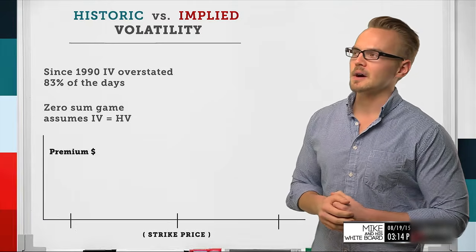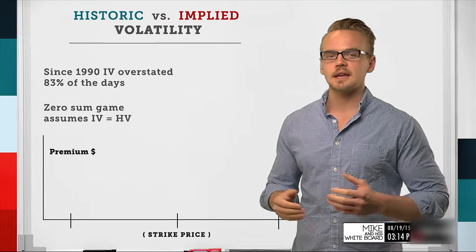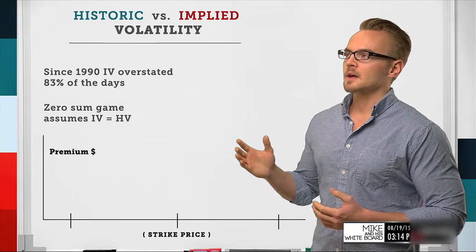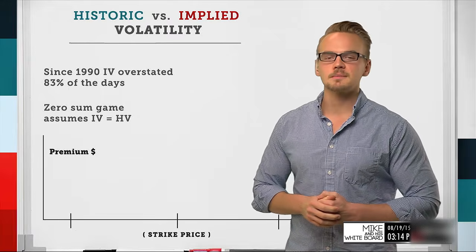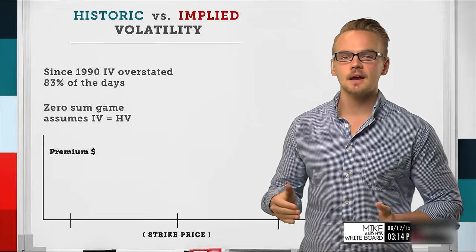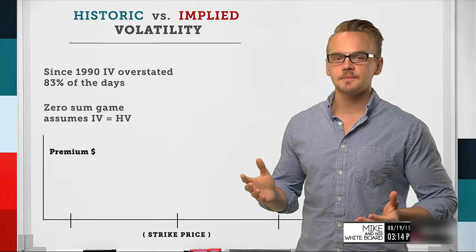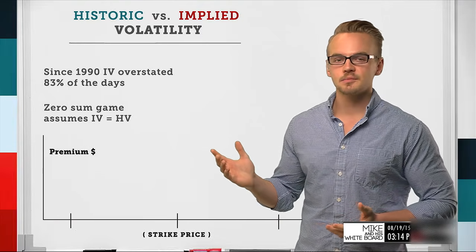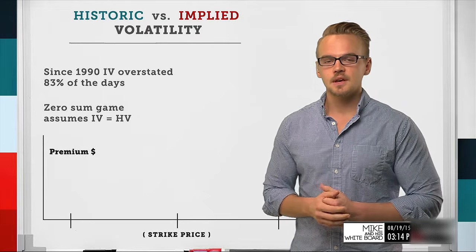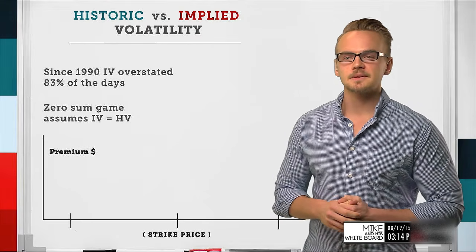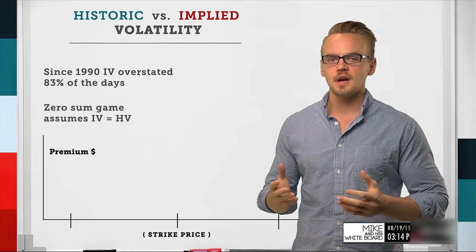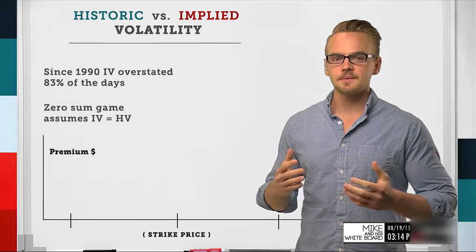When we're talking about the difference between historical and implied volatility, a lot of people say that it's a zero-sum game. What that means is that option prices are perfectly priced. If we're looking at the efficient pricing model of options, what a lot of people will say is that there's no real arbitrage opportunity anywhere, which is in some cases true.